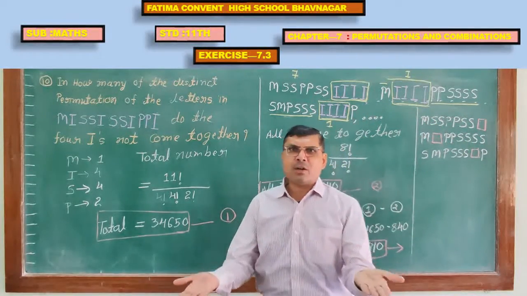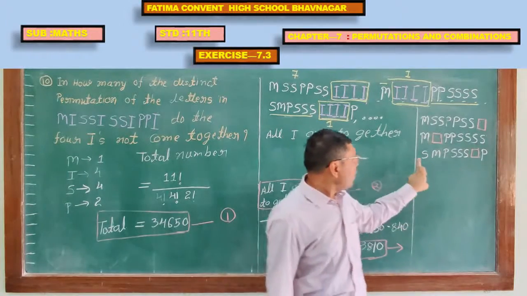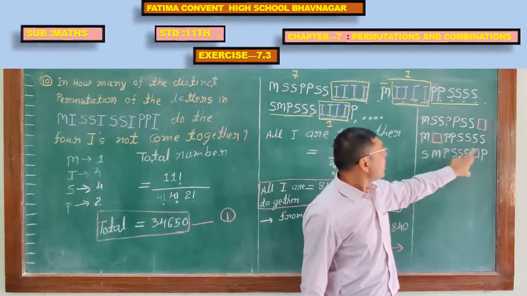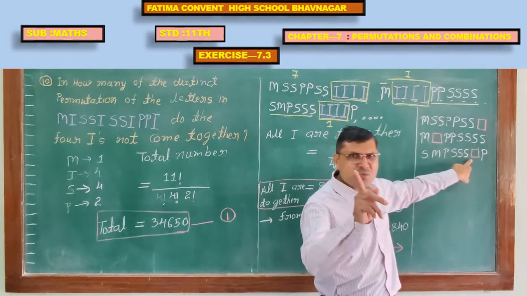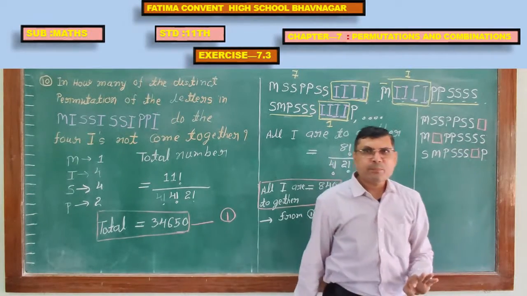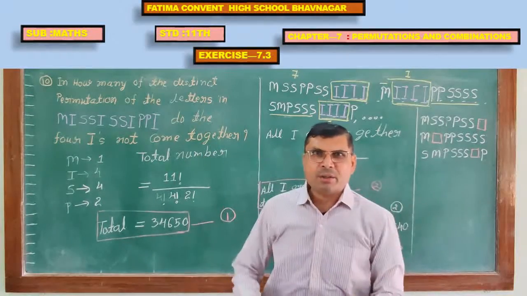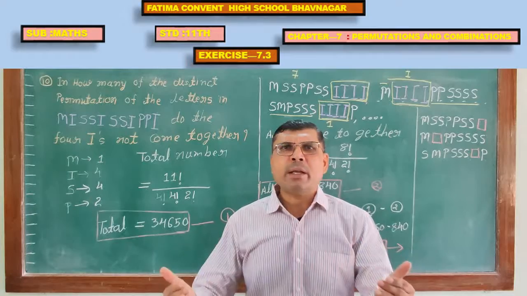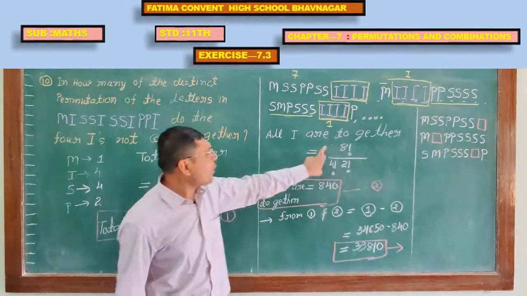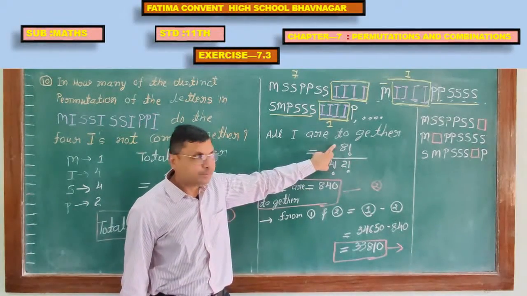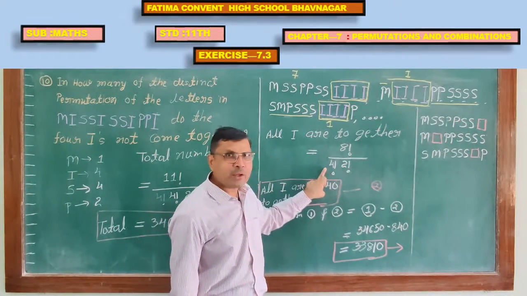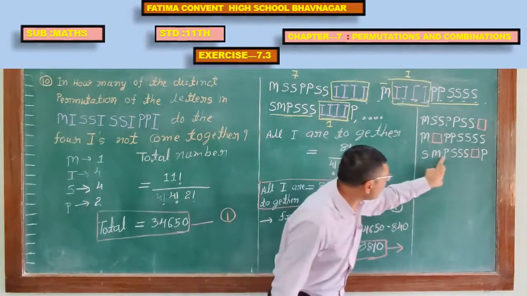Now consider it as another question. You can see 1, 2, 3, 4, 5, 6, 7. This is one box and this is 8. Now these 8 letters, you can consider that box as a letter. In how many ways can you arrange? So that is 8 factorial upon 4 factorial, since S is coming 4 times, and 2 factorial, since P is coming 2 times.